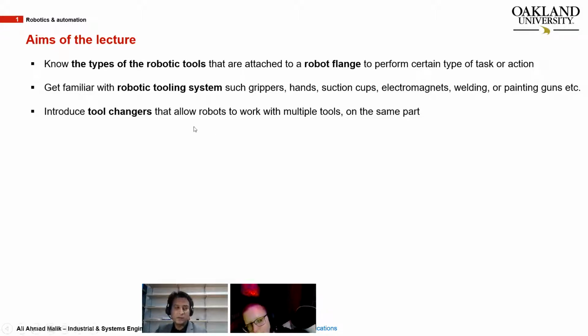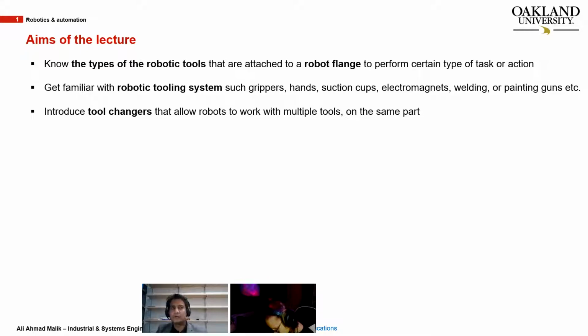We will also see how different types of feeding systems work, and how flexible feeding can be done. By flexible feeding, I mean that these feeding systems are often rigid. They are designed for only one design of component.